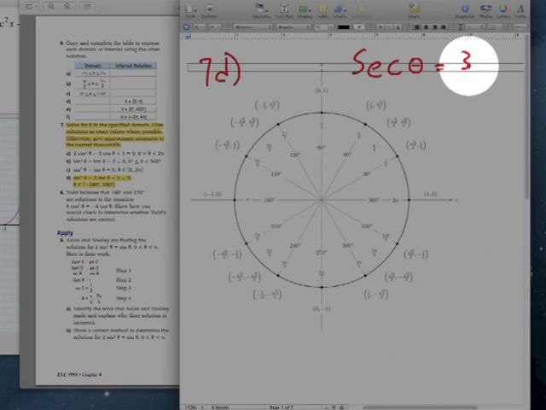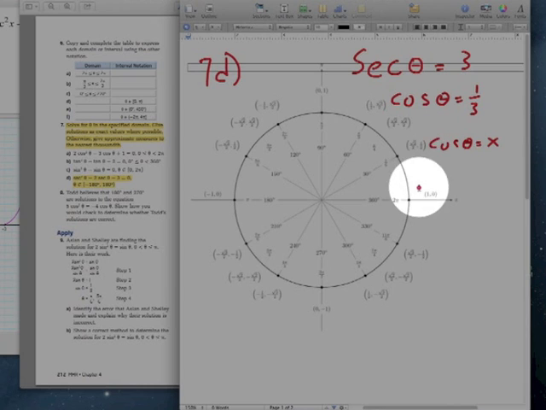Secant theta equal to 3 is the next one we need to consider. This would be where cos theta is equal to 1/3. So we want to know where cos theta is equal to 1/3. Remember that cos theta is dealing with the x direction, so cos theta is equal to x.